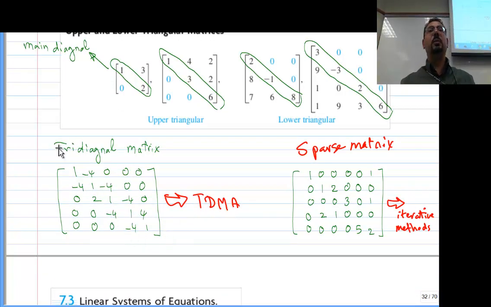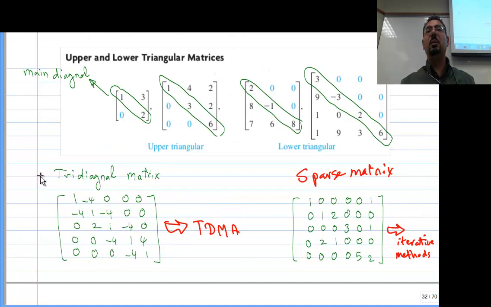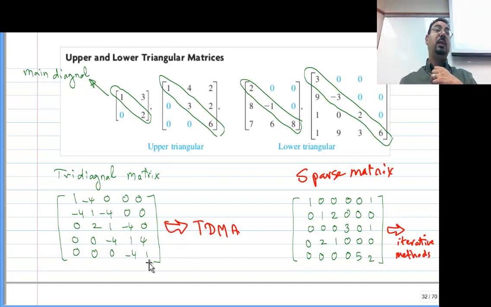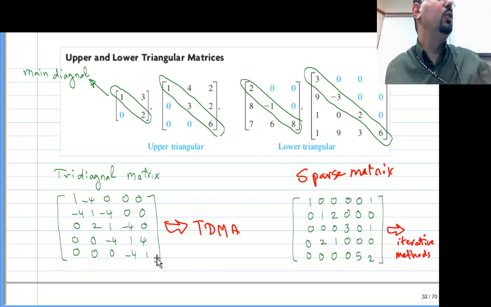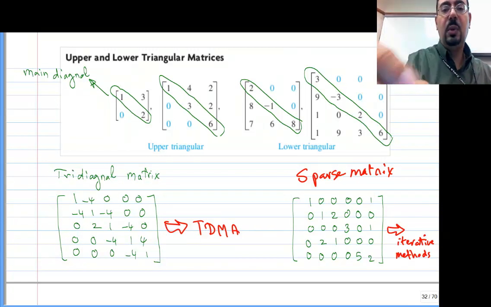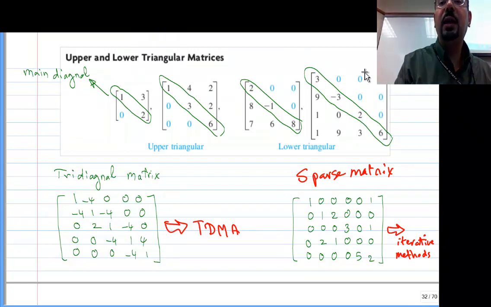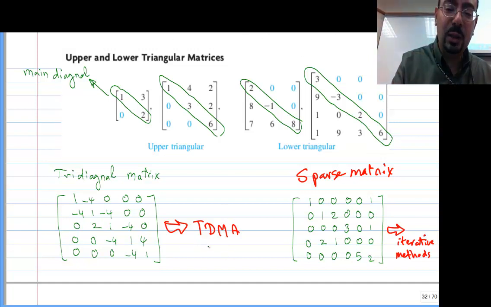So there is something called a tri-diagonal matrix, and the name is self-explanatory. It's basically a matrix with only three diagonals: the main diagonal, the one on top, and the one at the bottom, and everything else is zero. If a matrix like this exists, the solution algorithm is called the tri-diagonal matrix algorithm, TDMA. This is very quick to run.